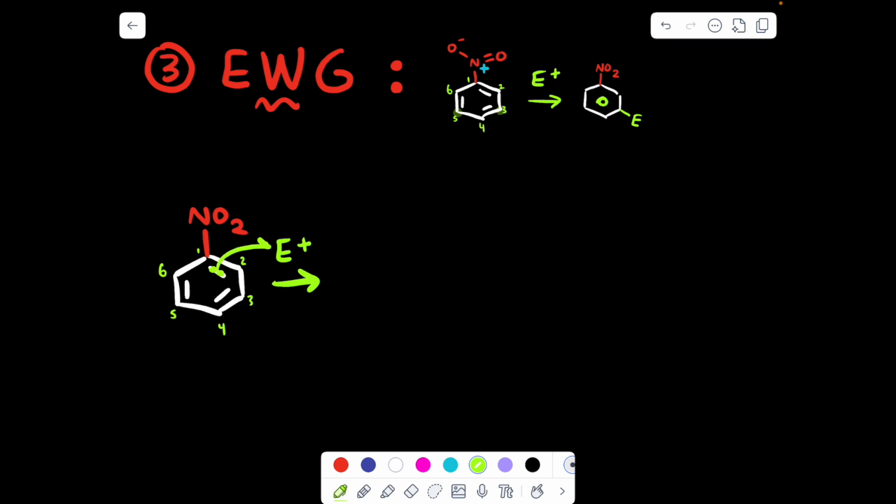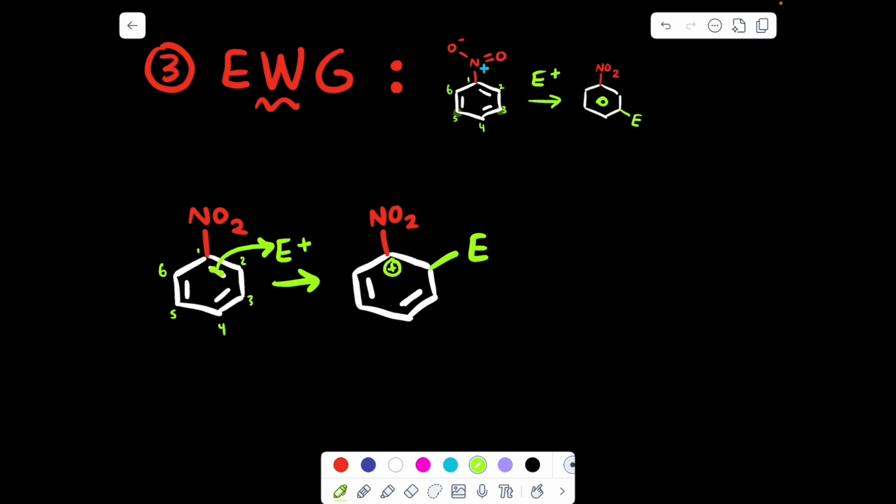So carbon number 2 attacks the E+. Why is this bad? Draw in everything that did not change. The NO₂ is still on carbon number 1. The E is now on carbon number 2, and carbon number 1 becomes cationic.